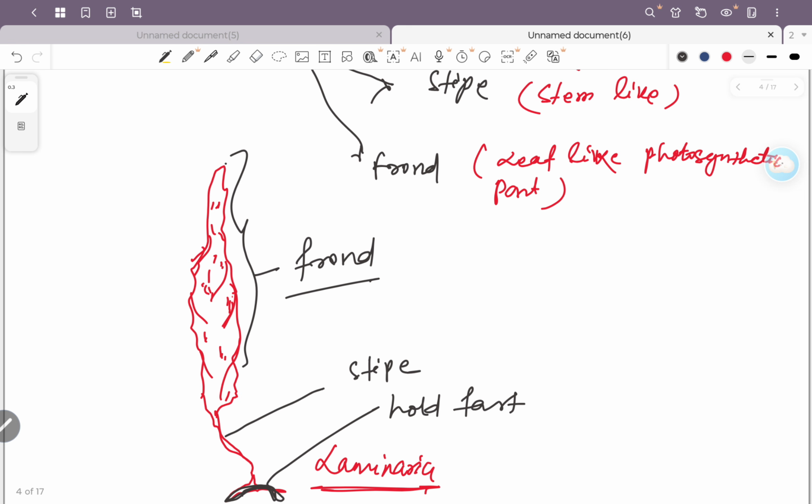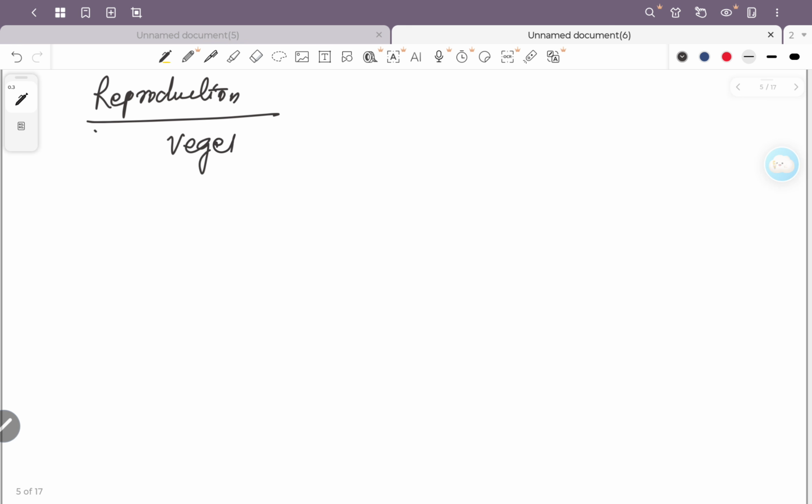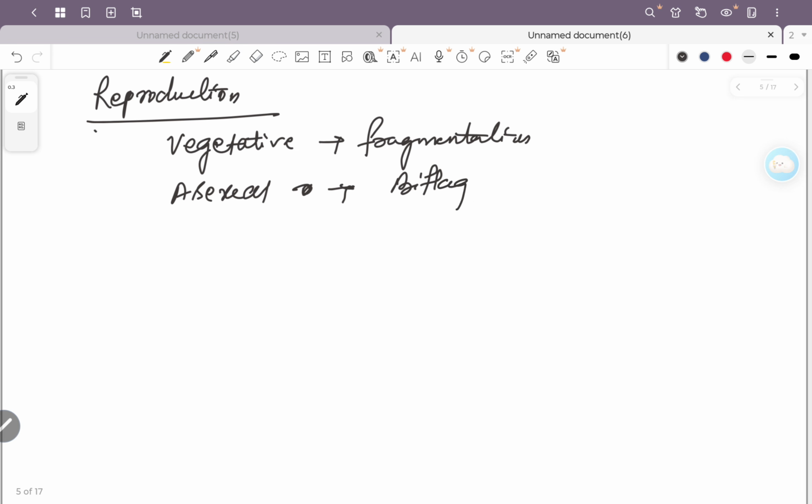Now come to the reproduction. Here also the same: vegetative reproduction takes place by fragmentation, and asexual reproduction by biflagellate zoospores.